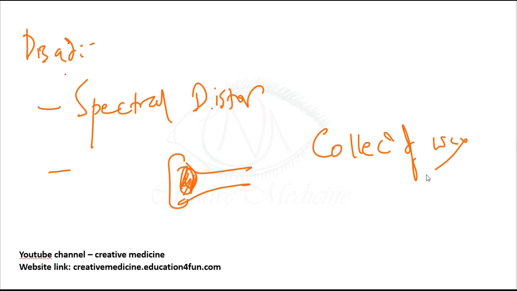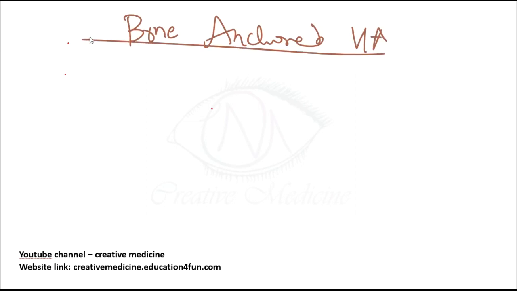So this is about the hearing aids. After the hearing aids, the next type we have is bone anchored hearing aids. What are these? These are new advanced hearing aids. Here we directly stimulate the cochlea.